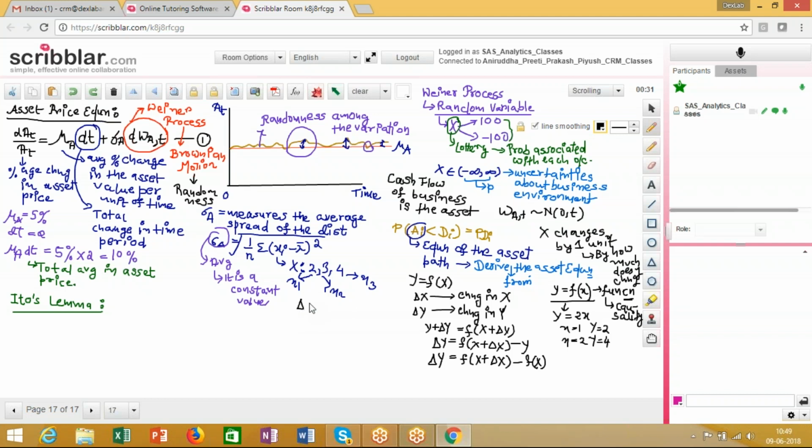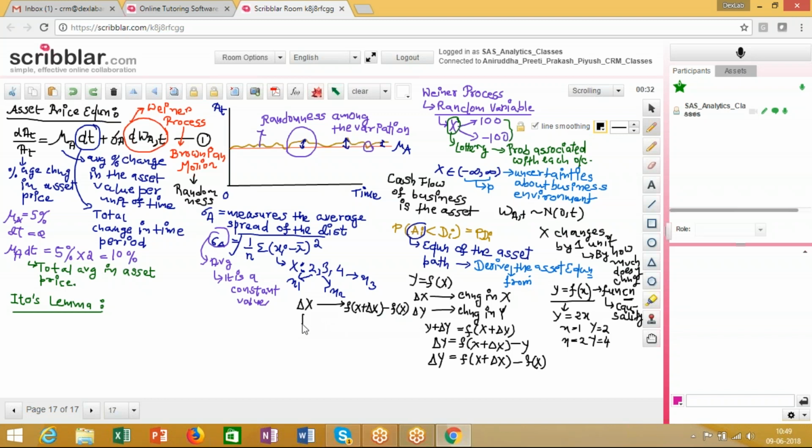See, when x changes by delta x, the corresponding change in y is f of x plus delta x minus f of x.